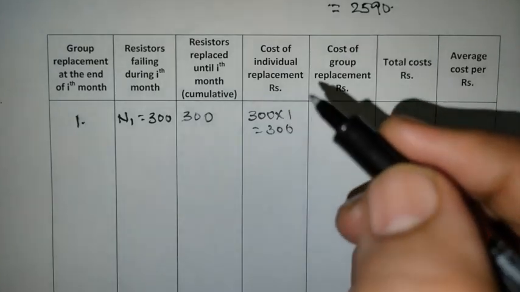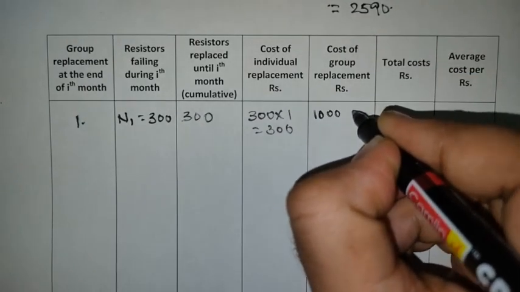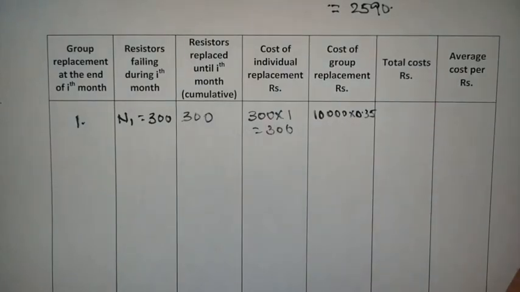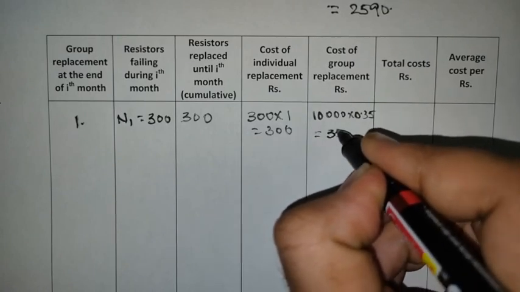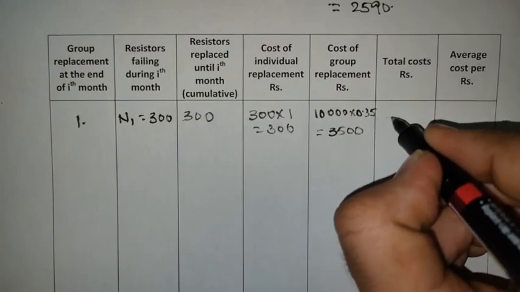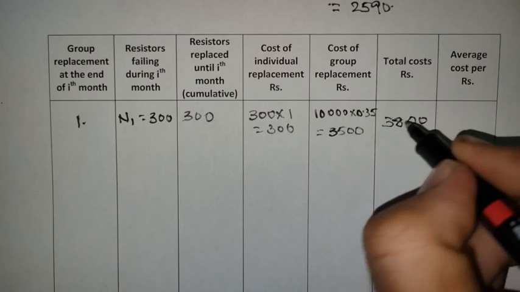And next one, group replacement, 10,000 resistors are there, and the cost is 35 paise, that is 0.35 rupees. So then you will get 3,500. Total cost 300 plus 3,500, 3,800. Average cost 3,800 by 1, 3,800.